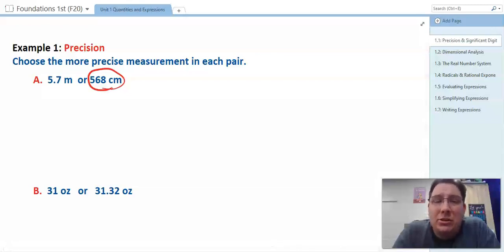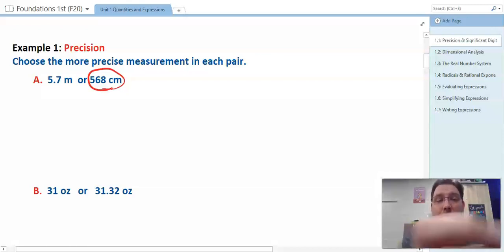But the key is this, understanding, especially in scientific units, so not our American units like inches and miles, but using the scientific units of meters and grams and liters and such, we have to check our decimal places and understand which one is more precise than the other based on those values. And sometimes it makes sense to convert one to the other.